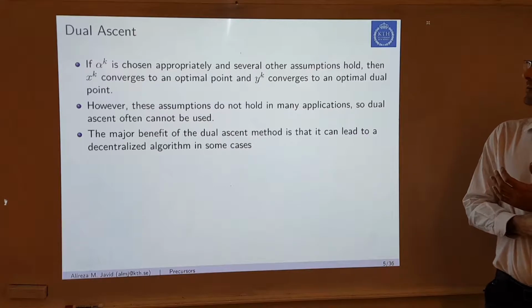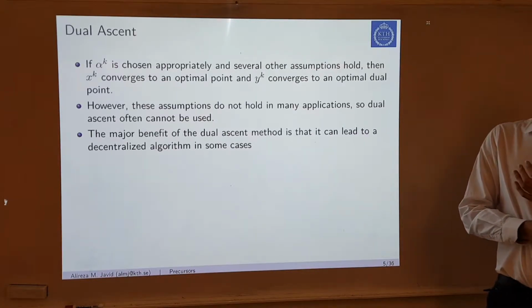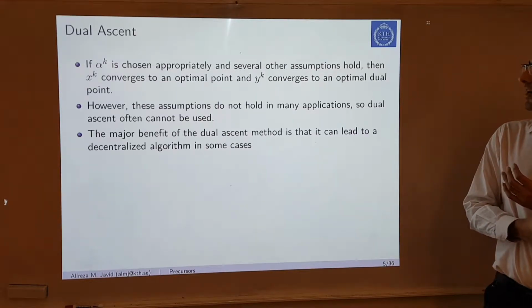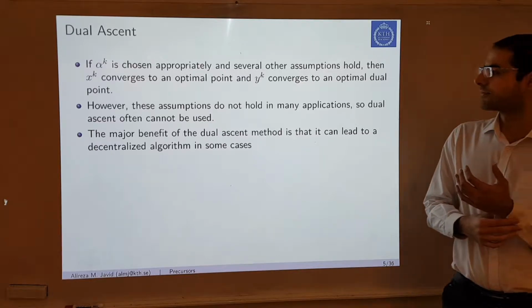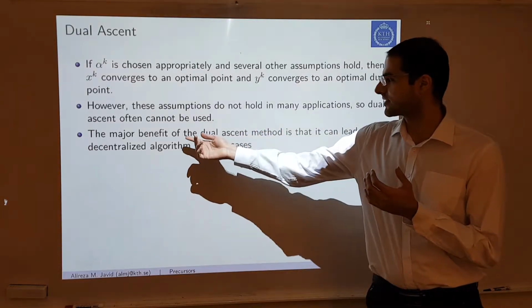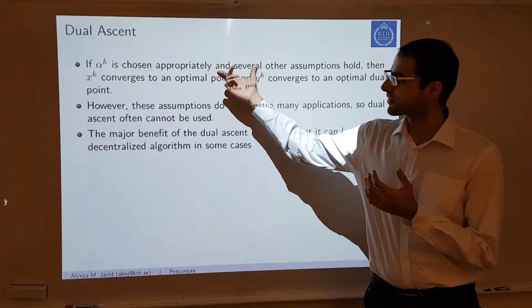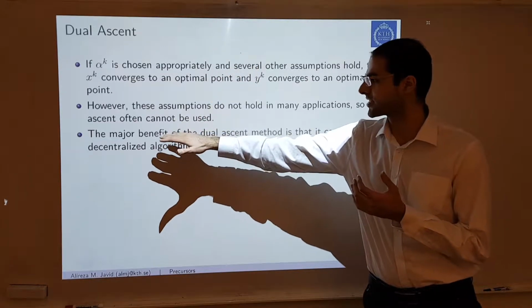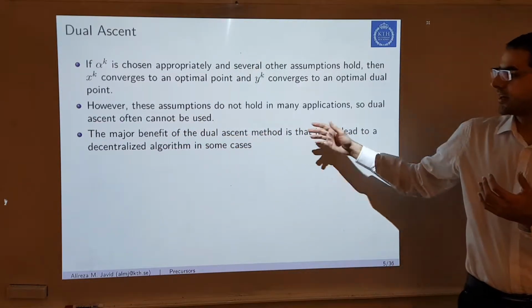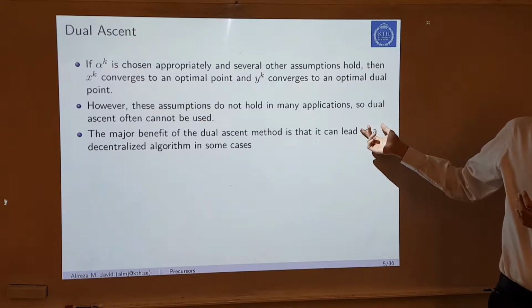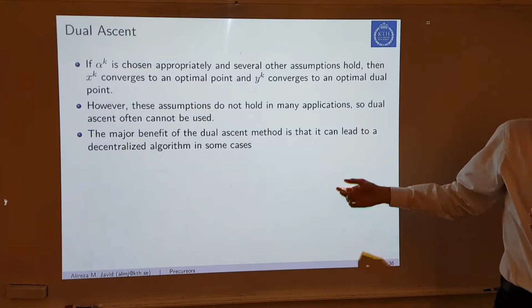The problem with this approach, as I said, is tuning alpha, the step size. One benefit of this approach is that you can use it in decentralized problems. You can use it for distributed networks over different nodes.